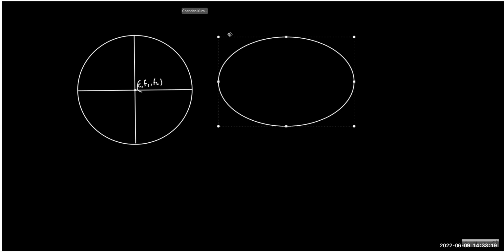So the center becomes the focus. This is the center, and focus 1 and focus 2 are all the same. In the case of an ellipse, we have three separate points: center, F1, F2. The circle is when all three coincide. I hope this is clear.